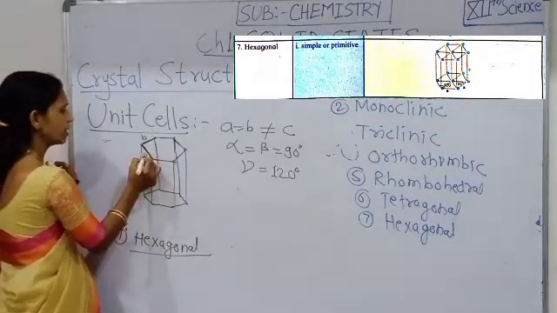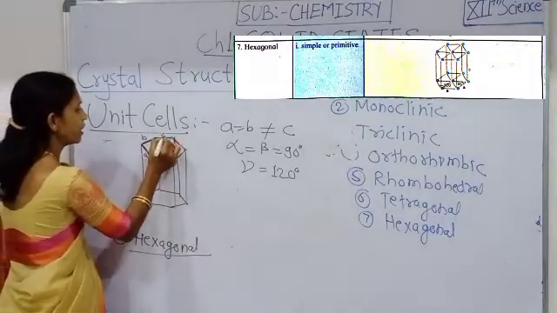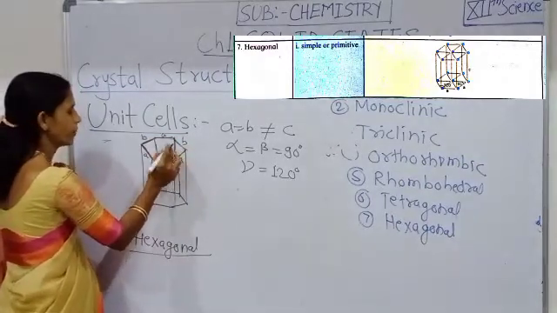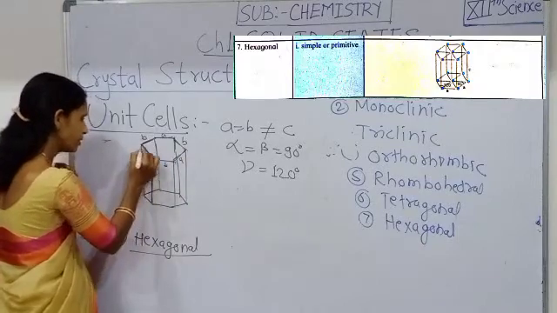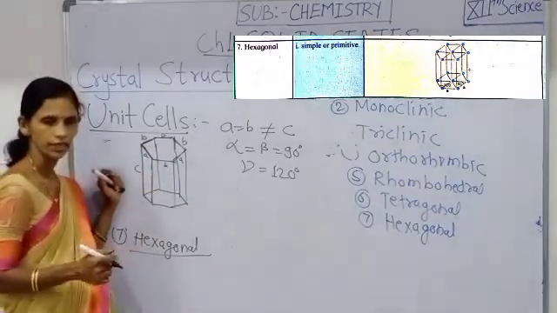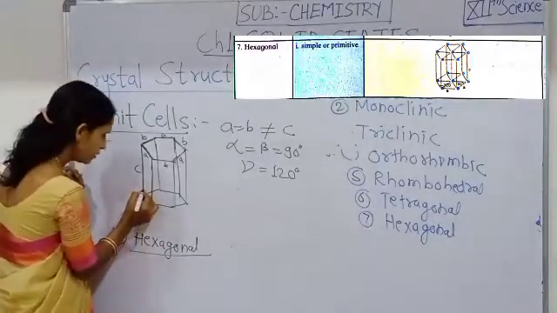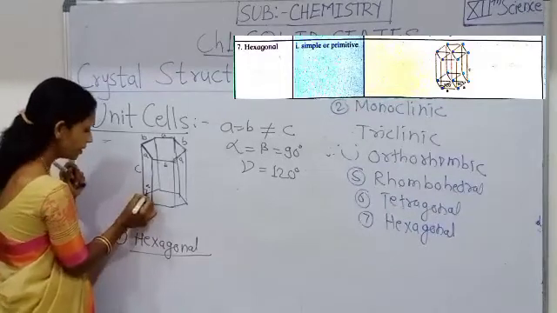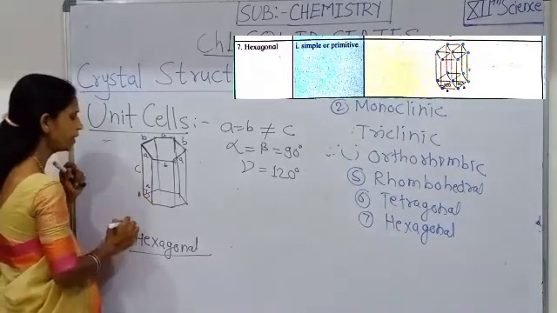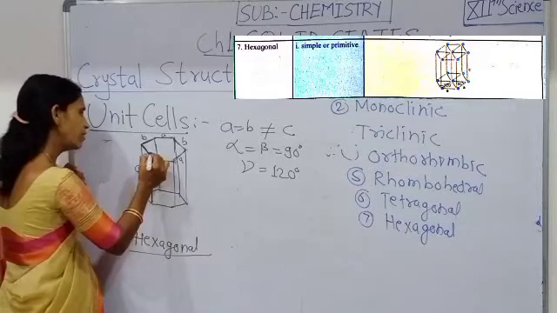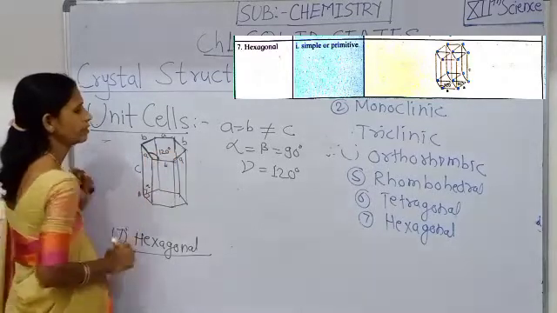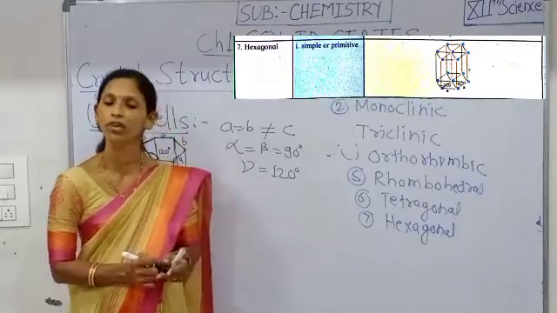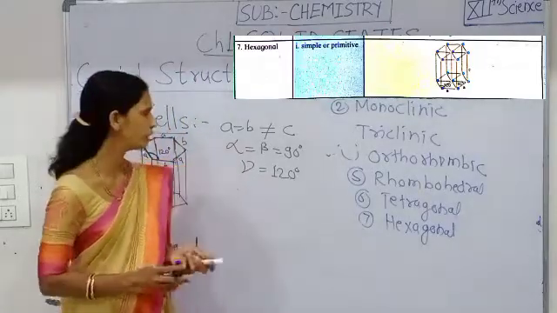A and B edge lengths are the same, but C, that is height, is of different edge length, and angle alpha as well as angle beta is 90 degrees, but this angle is 120 degrees. That is the hexagonal type of unit cell, in which only one type, that is the simple primitive unit cell, is there.